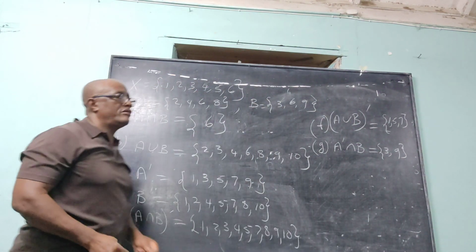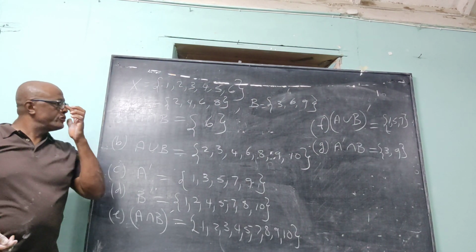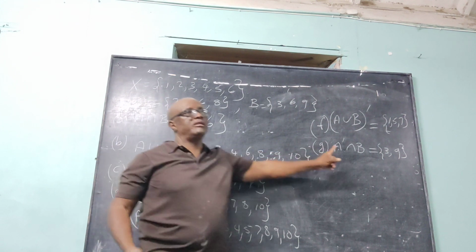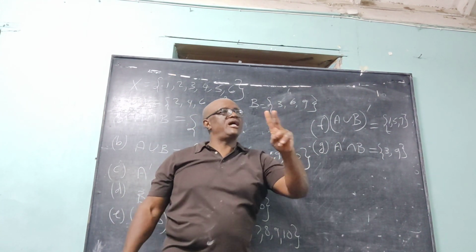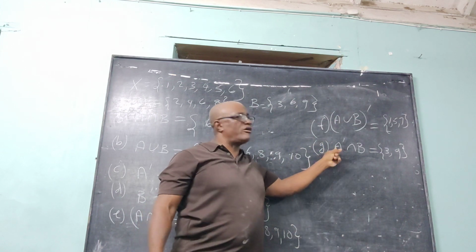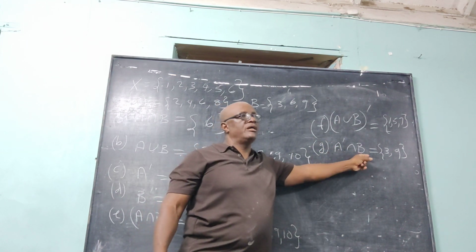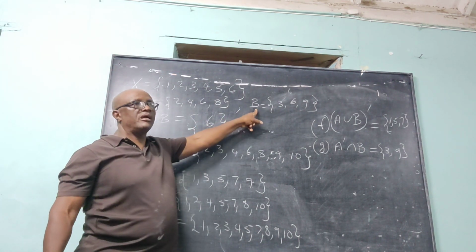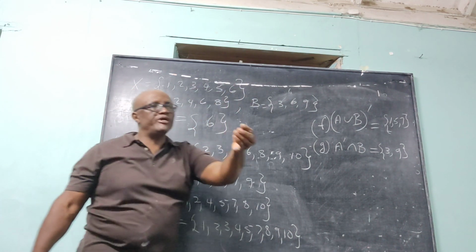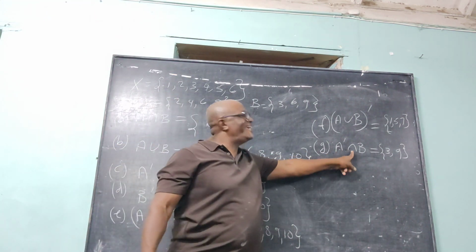Everybody there? No, let's go again. So let's start from the beginning. What are we looking for? What subset are we looking at? A complement and B. So we are looking at A complement and B. And what operation are we looking for?